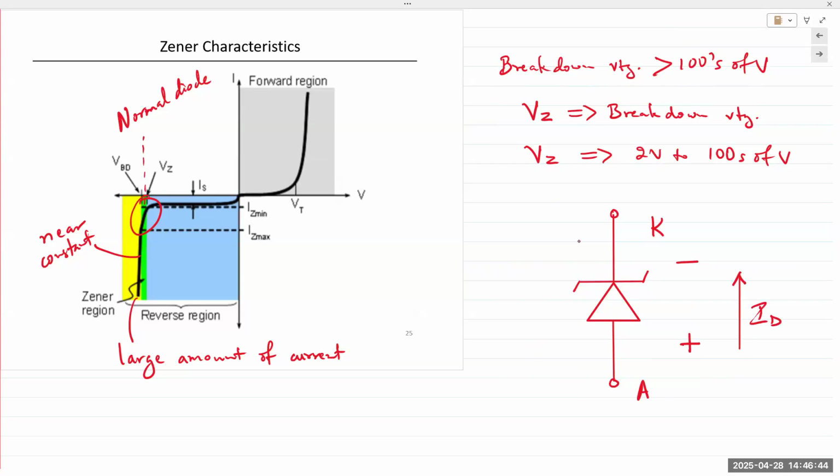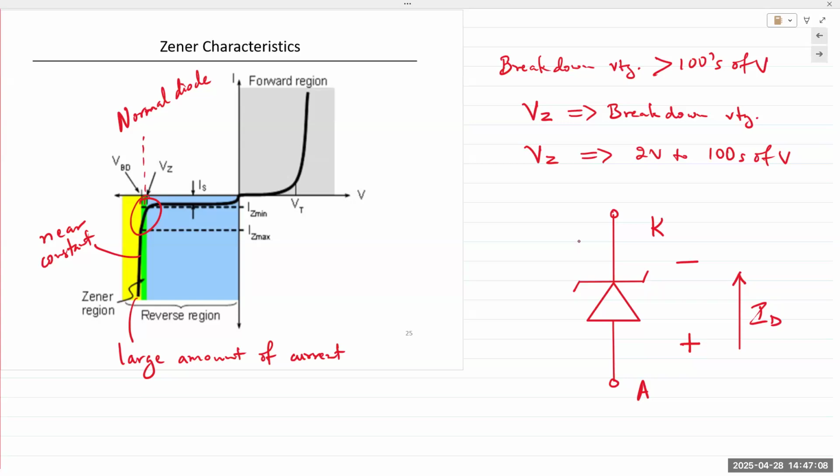If we say diode voltage, anode is positive, cathode is negative. If you say diode current ID, it's always flowing in the direction of anode to cathode. That's standard. However, the Zener diode is always operated in reverse bias. Well, you can use it in forward bias too, but then there's no sense in using that.